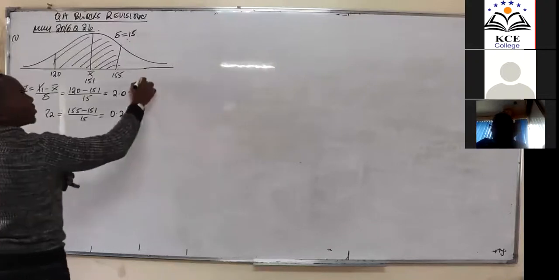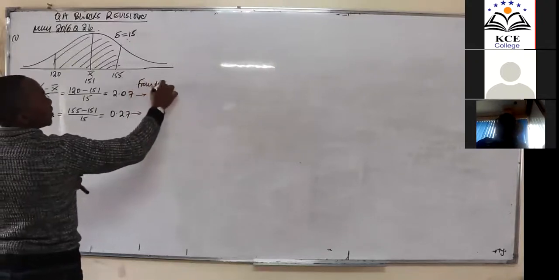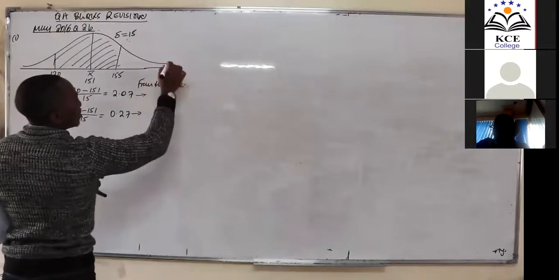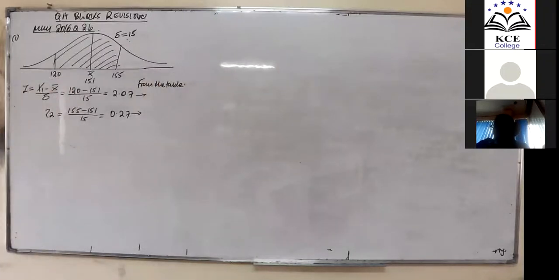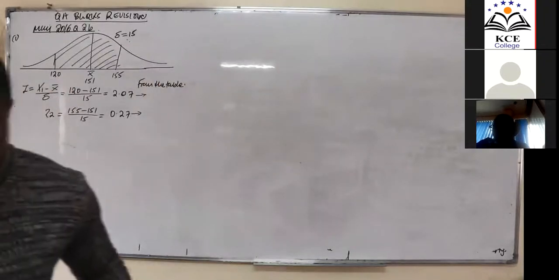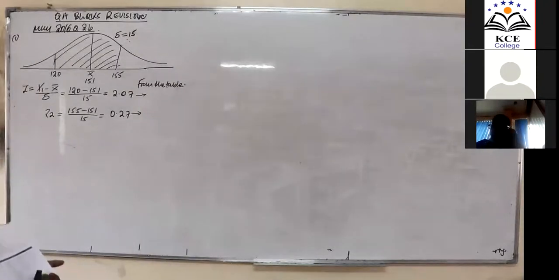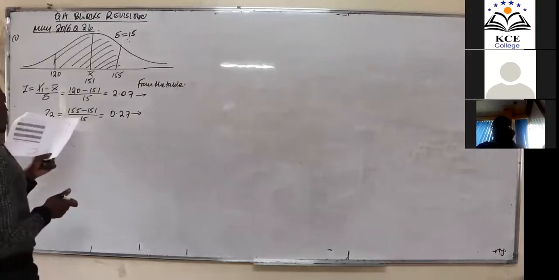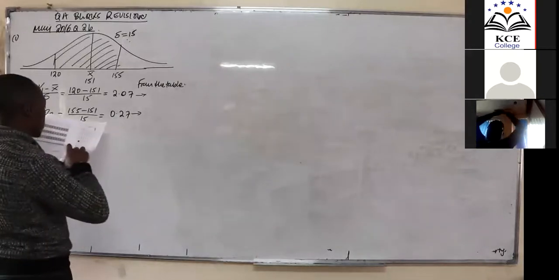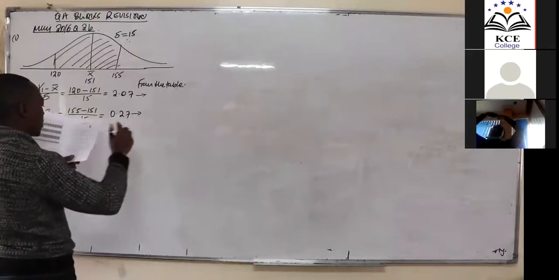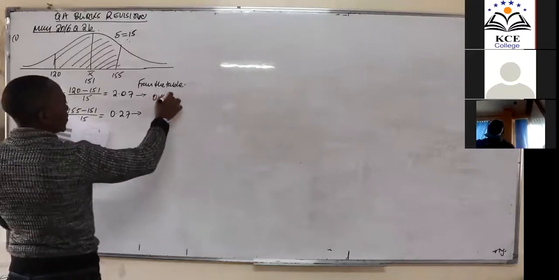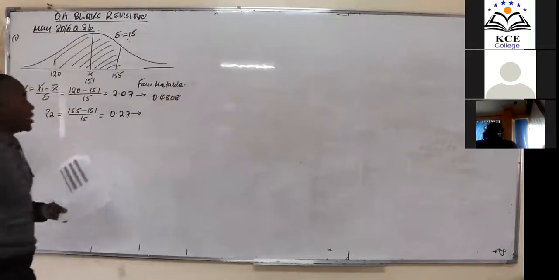Now let's get the probability. We read it from the table. Let's go to the normal distribution table. We look at that probability from the table. 2.07, we get 0.4808.